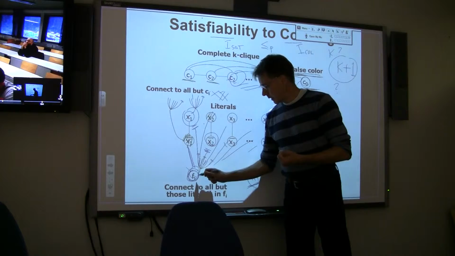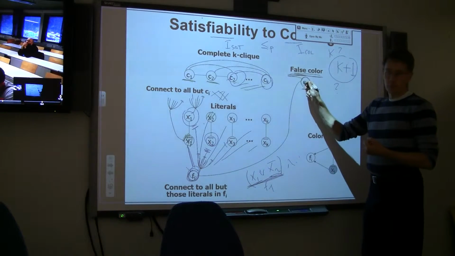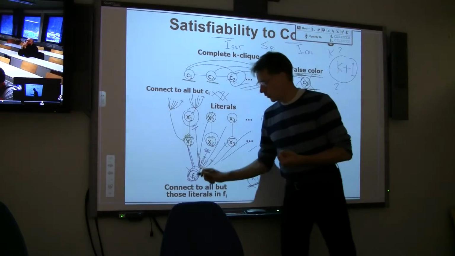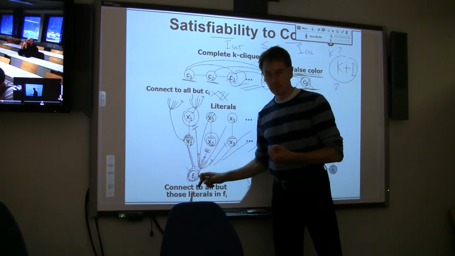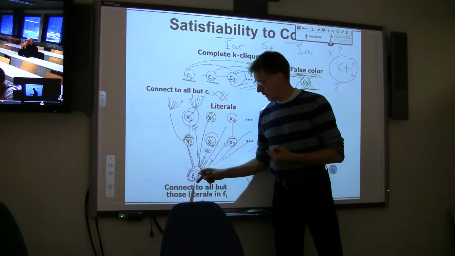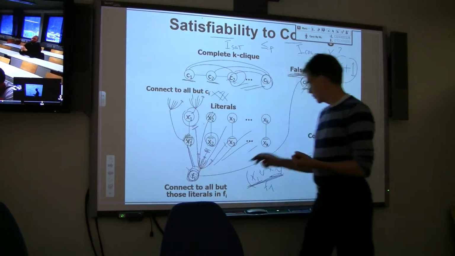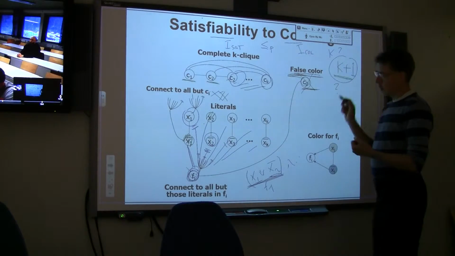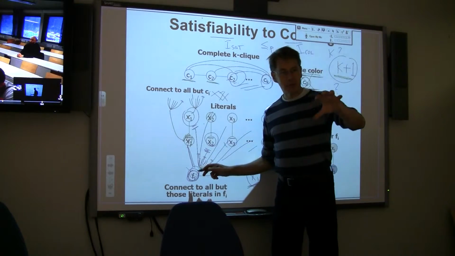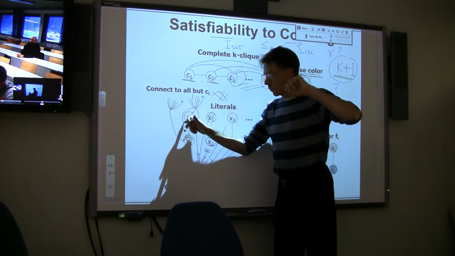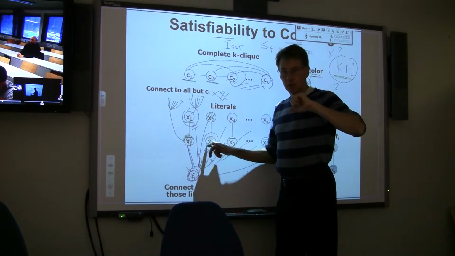But the last trick that I do, I will make a connection to the false color. That prevents me from ever using the false color for this term. And as a result, I can only color this using the existing k plus 1 colors only if you have set such a variable combination that either this one has the true color or this one has the true color.